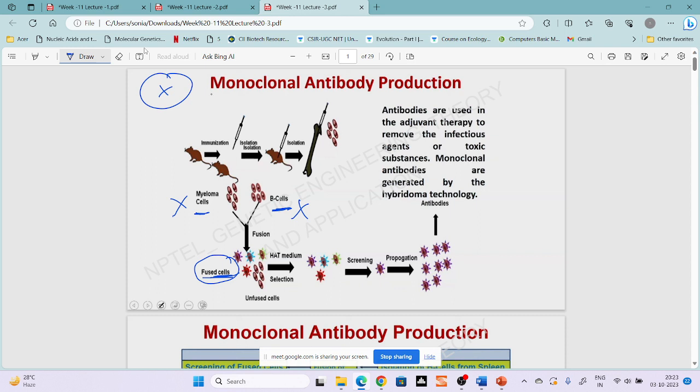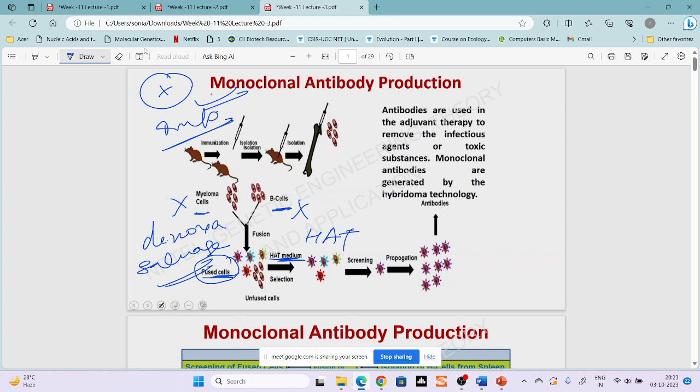For the selection of fused cells, the medium used is HAT medium. Again, I am telling you, monoclonal antibodies are an important topic for your exams. HAT medium is hypoxanthine, aminopterin, and thymidine medium. Why? You have two kinds of nucleotide synthesis pathway in our body: the de novo synthesis pathway and the salvage pathway.